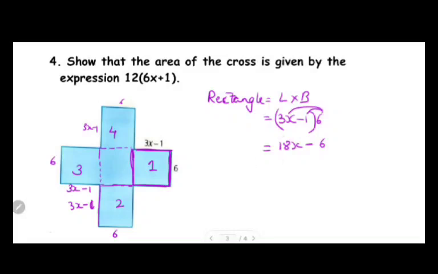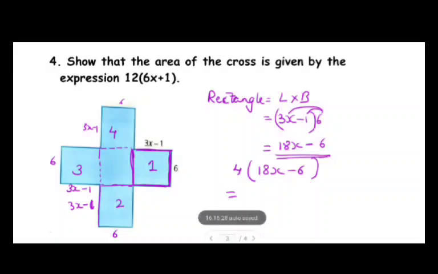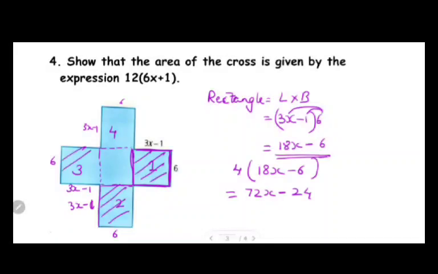So let's multiply this entire expression by 4. How much is 4 into 18? 4 into 18 is equal to 72x minus 24. This is what we've got for these 4 rectangles out here.